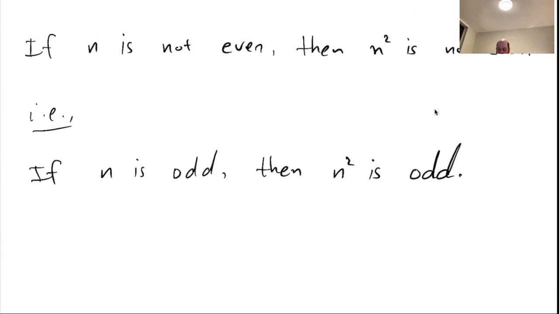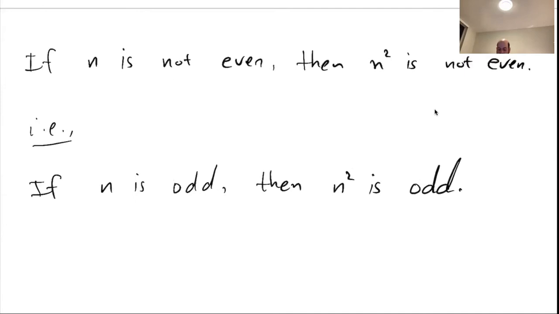Not even means odd, right? So when we say we want to show if n is not even, then n squared is not even, it means we want to show if n is odd, then n squared is odd. Well, this is exactly the statement that we already proved before, right?